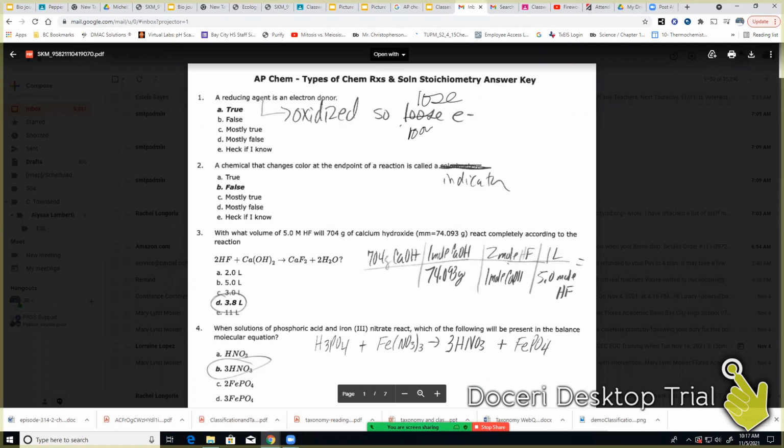It doesn't have loose electrons. Anyway, so that means it's going to give up, because in oxidation reduction, if something's oxidized, something else has to be reduced. They always go hand in hand.